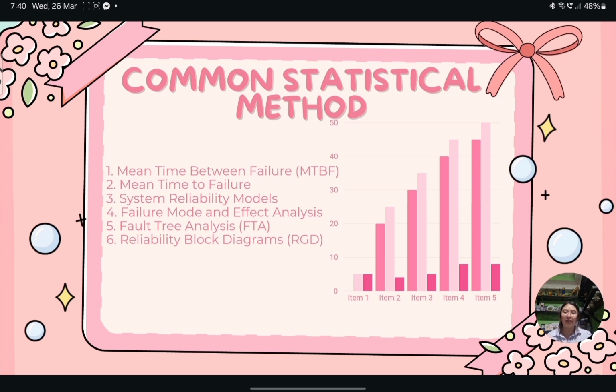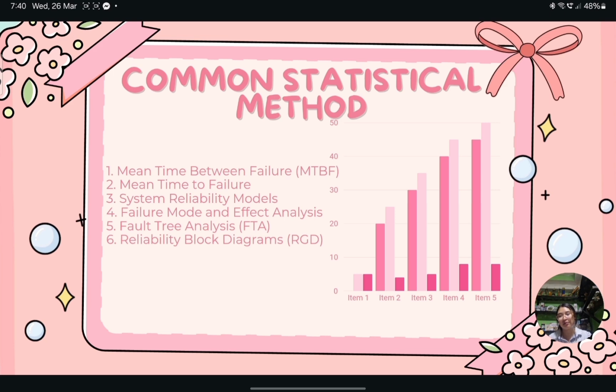Let's say reliability block diagrams, or the RBD. It visually represents components' reliability within the system. The fault tree analysis, or what we call the FTA, helps us assess how different failures contribute to a system failure.